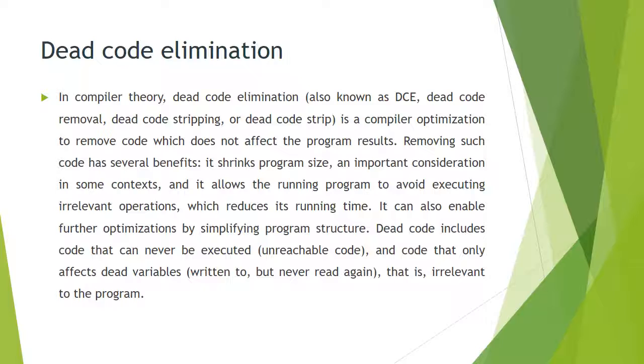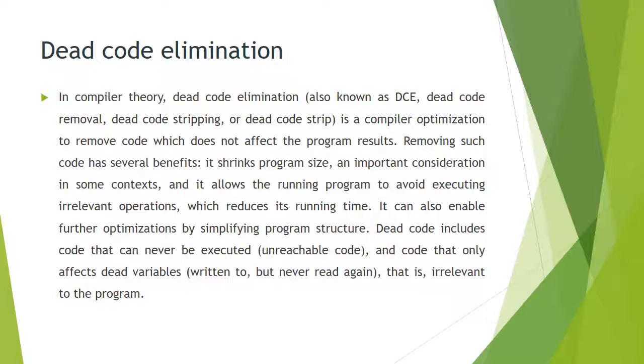Removing such code has several benefits. First of all, it will shrink the program size. Second, an important consideration in some contexts, it will allow the running program to avoid executing irrelevant operations, which will reduce its running time. It can also enable further optimizations by simplifying the program structure.